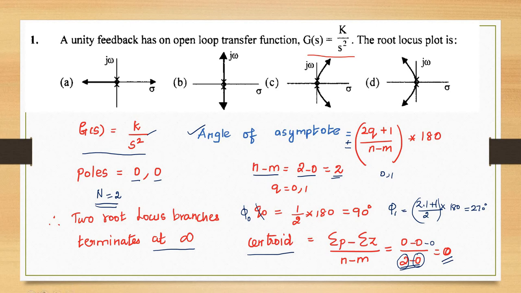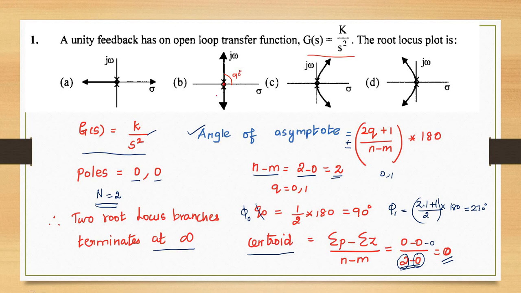So which diagram is correct? The option B, there are 2 poles at the origin. So we have to mark the poles at the origin. Then what will be the asymptote angles? The asymptote angles are 90 degrees and 270 degrees. So these are the asymptotes.